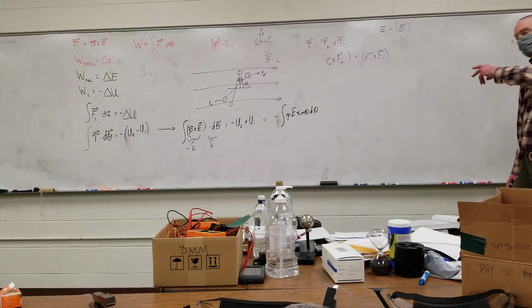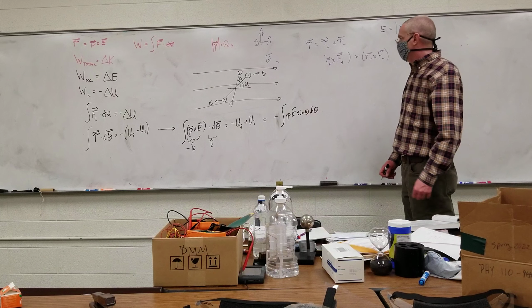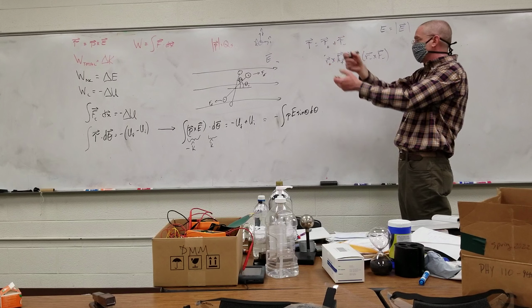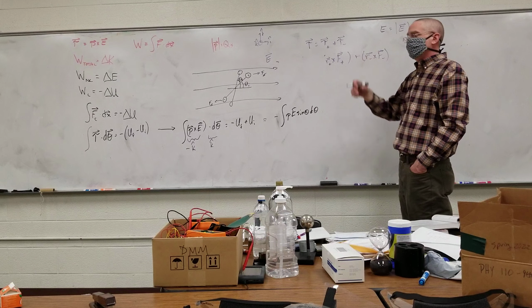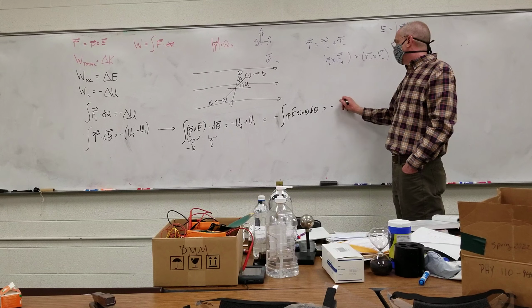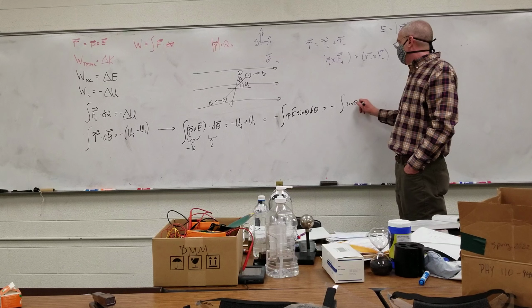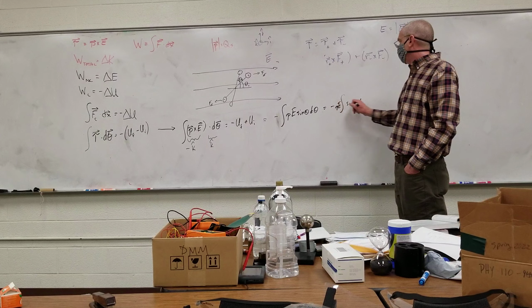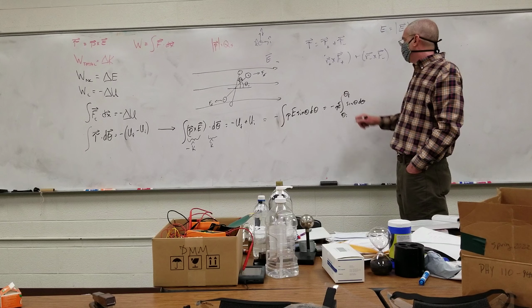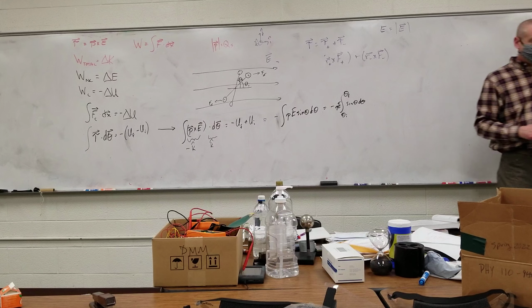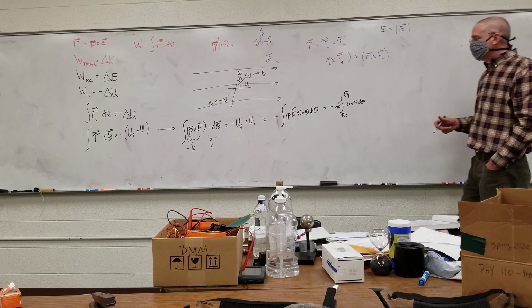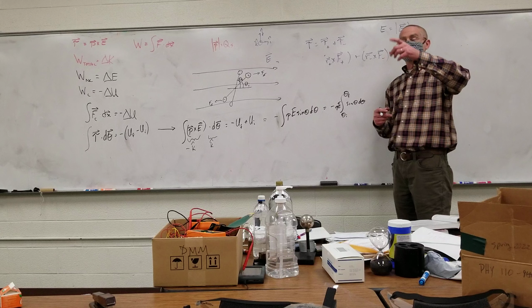Now p and E are constants in this particular case because it's an electric dipole. They have a certain amount of charge there and there's a certain distance between them. The electric field, we're making it uniform. And so we have negative pE integral of sine theta d theta, from some initial value to some final value of the angle. The integral of sine theta d theta is negative cosine.